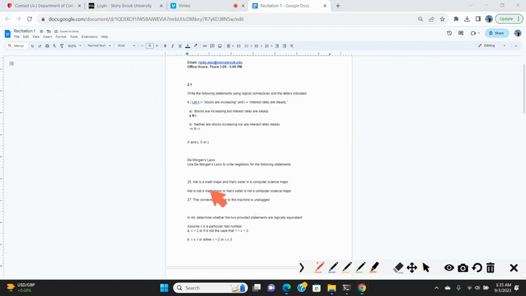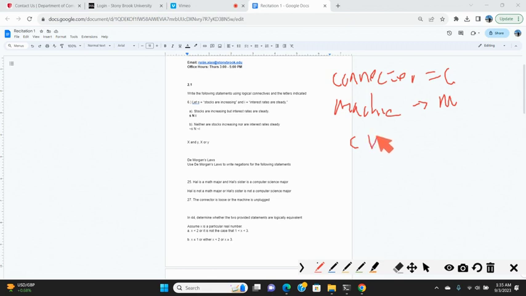So let's also try this for the second problem. The connector is loose, let's make this equal to C. And the machine is plugged, let's make this M. So we have C or M as represented by this statement.